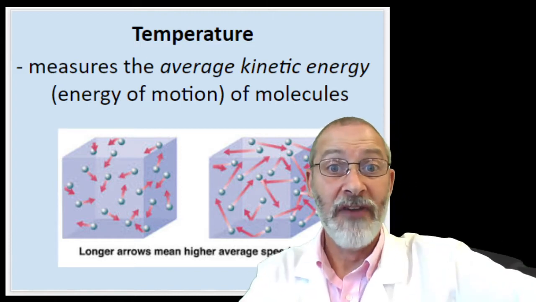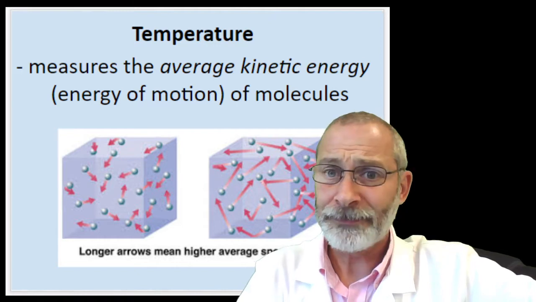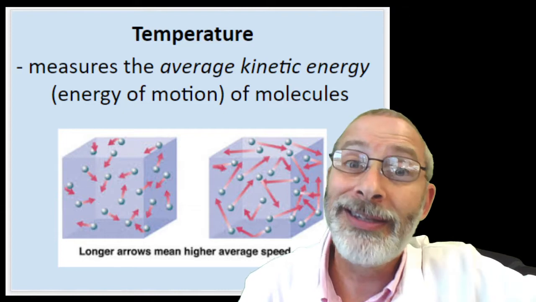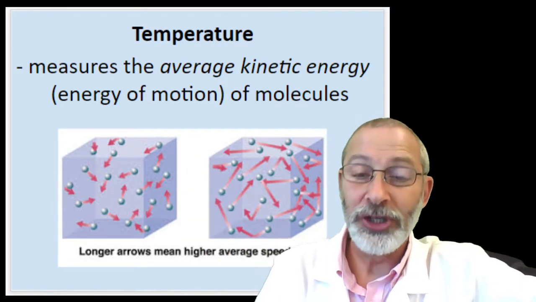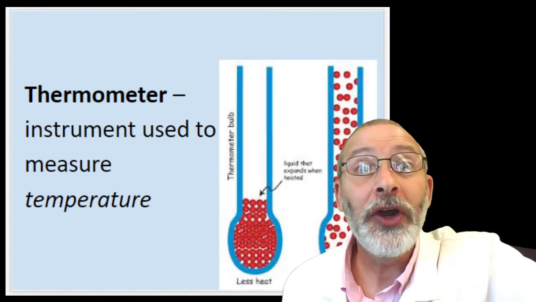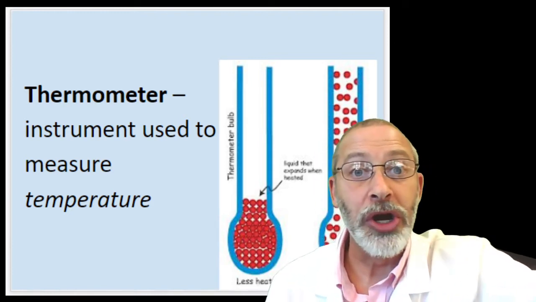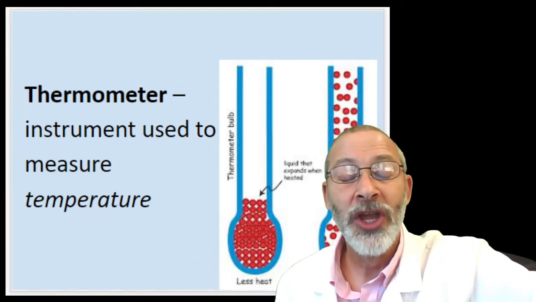Now, speaking of measuring temperature, anyone tell me, what tool do we use to measure temperature? Hopefully you answered a thermometer. In fact, literally, the word thermometer is made out of two parts.